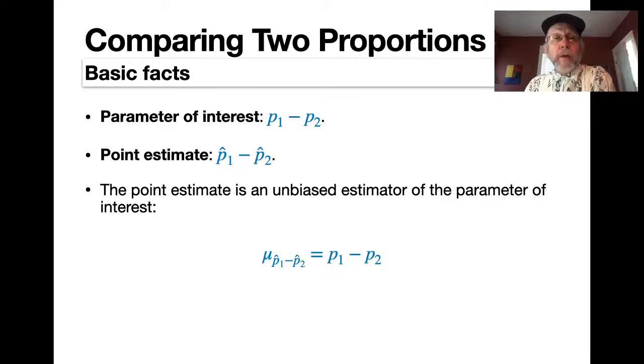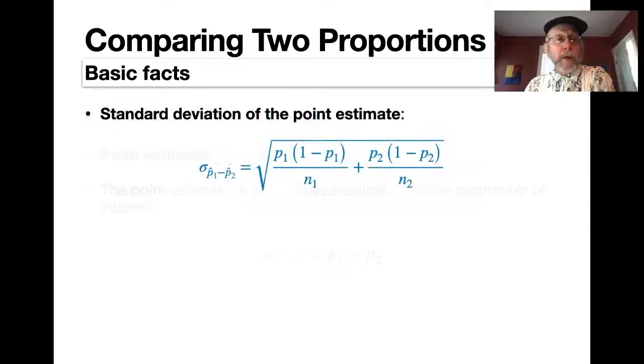We also need to know about the standard deviation of our point estimate, and that's given by this formula here. This formula comes from probability theory, and you'll notice that it involves the population parameters P1 and P2. Since those are unknown, we're going to have to estimate our standard deviation for our point estimate using a standard error.